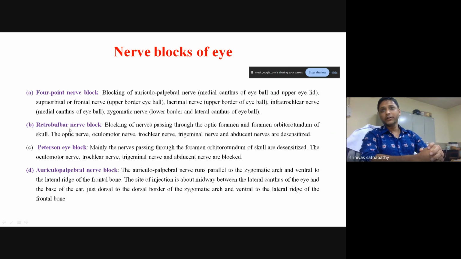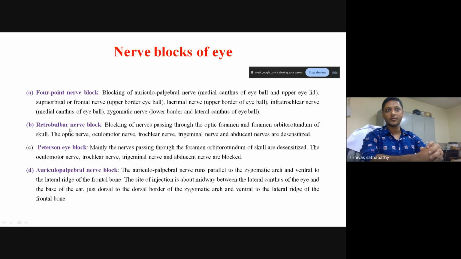Our point of concern for eye surgery is the optic foramen and the foramen orbitorotundum, and already I have shared the nerves that pass through these foramina concerning the eyeball. So in order to desensitize those nerves, we have to inject the anesthetic solution at the back side of the eyeball, and that procedure is called retrobulbar nerve block.